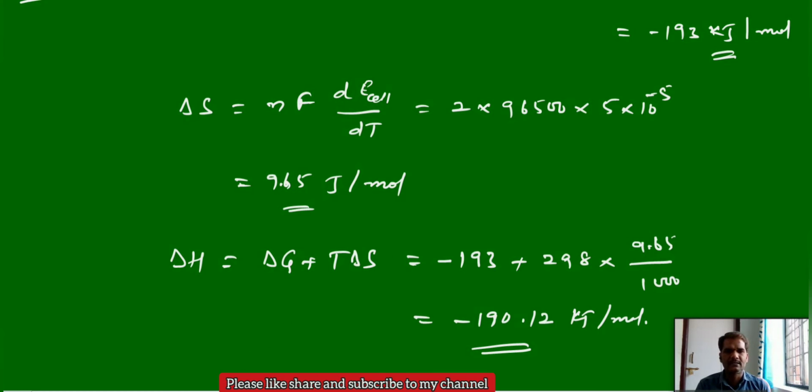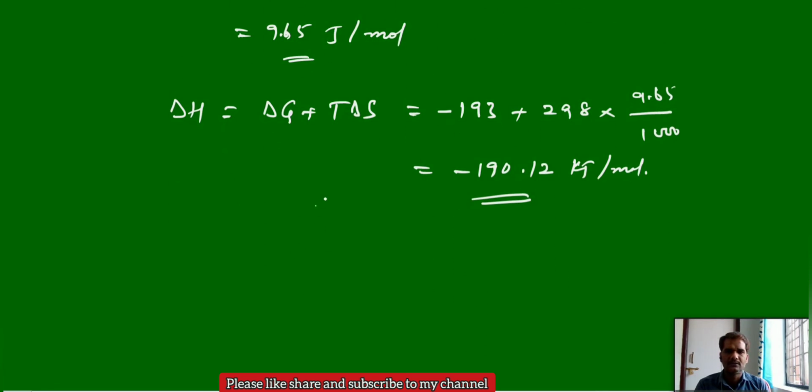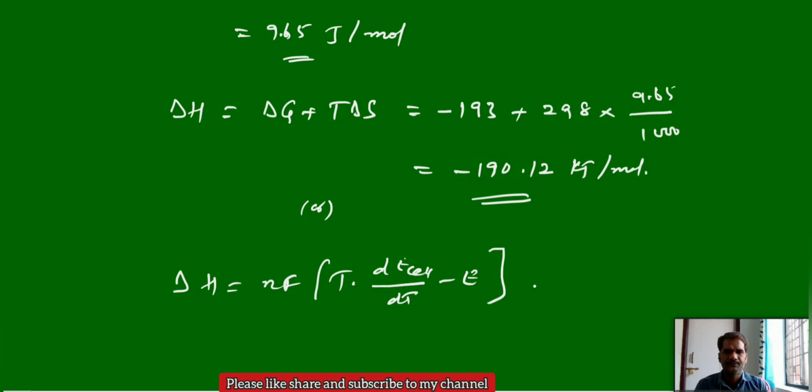You can calculate like this, or else you can use another formula for delta H: delta H equals nF times T dE cell by dT minus E cell.